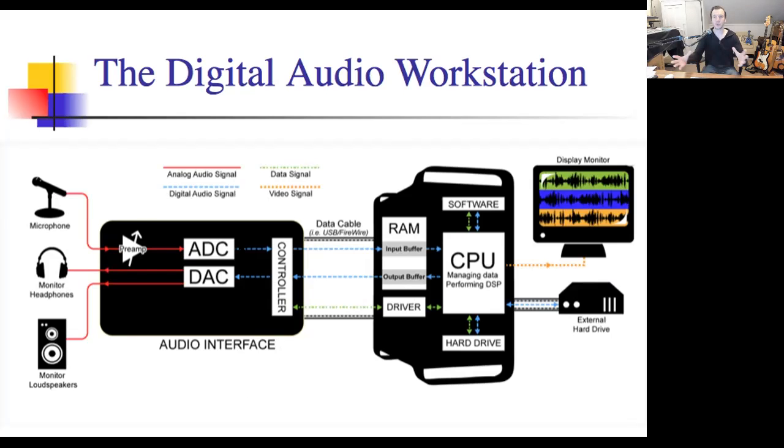The range of price points for an audio interface, and how many physical components are involved, goes from literally $30 no-name brands you can find all the way up to thousands of dollars and different components for each of those steps.